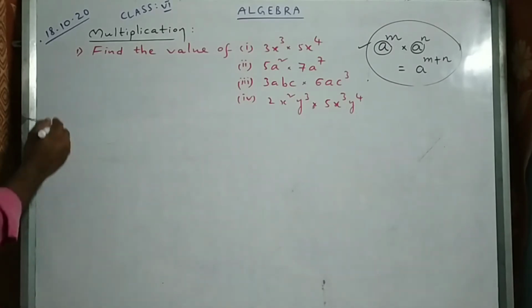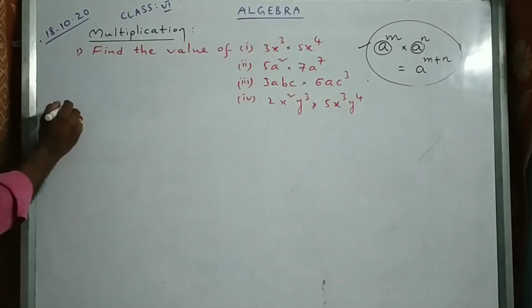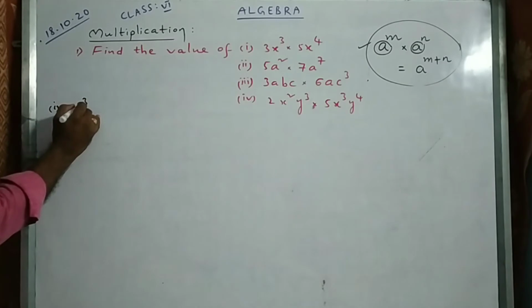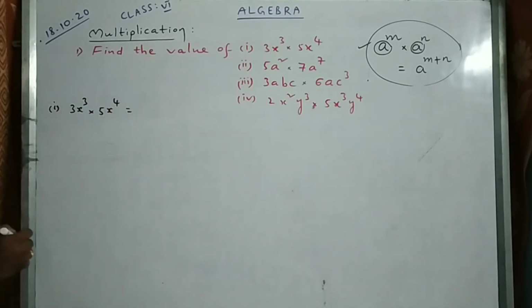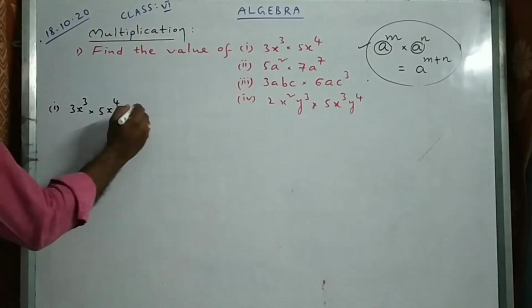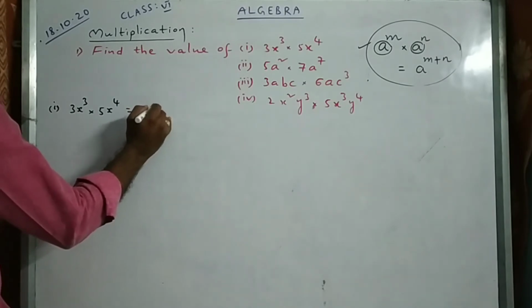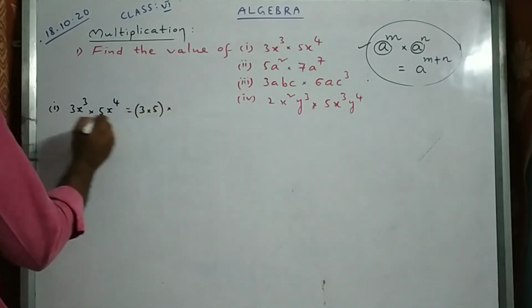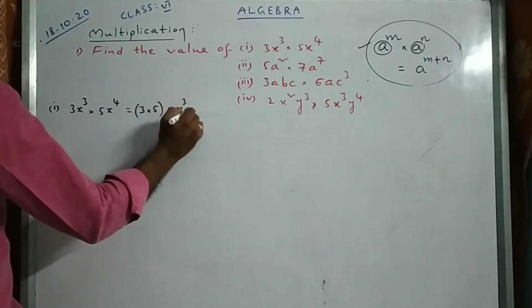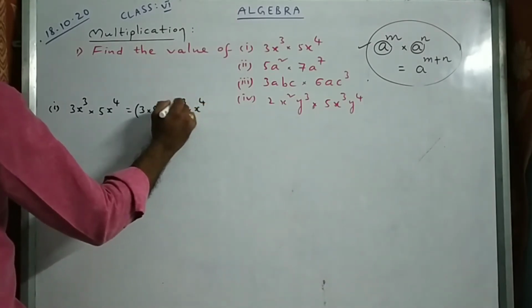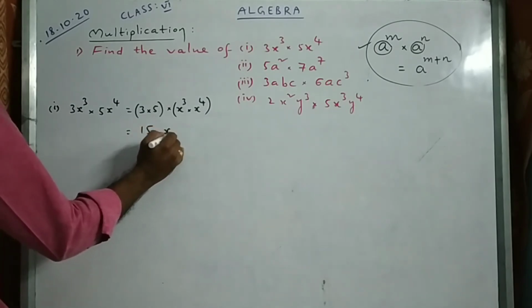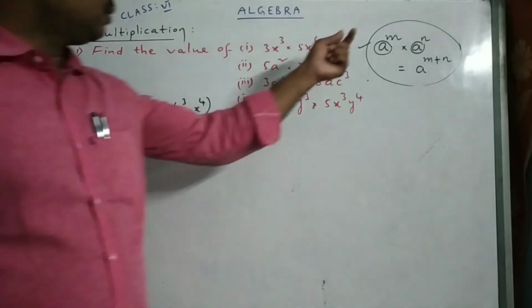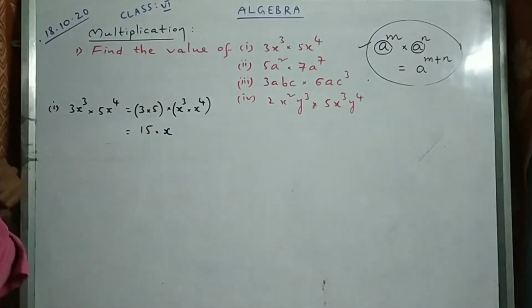Let me multiply them. First question, 3x cube into 5x to the power 4. First, what did I tell you? We have to regroup the terms. Constants you write together: 3 into 5 into x to the power 3 into x to the power 4 write together. 3 fives are 15 into x to the power... I just told you if bases are same we can add the power.